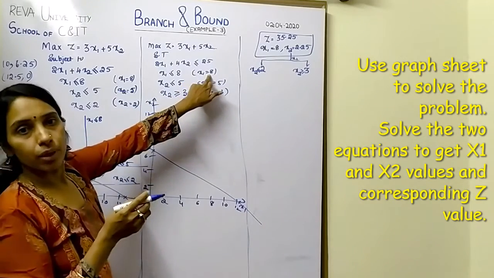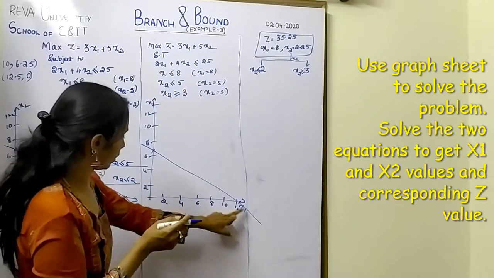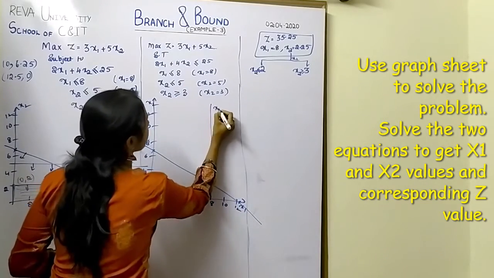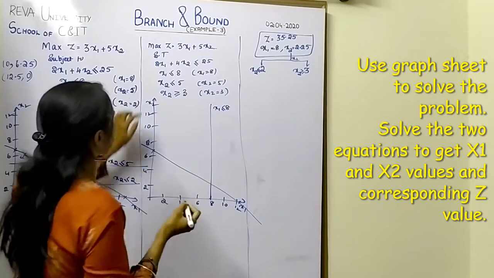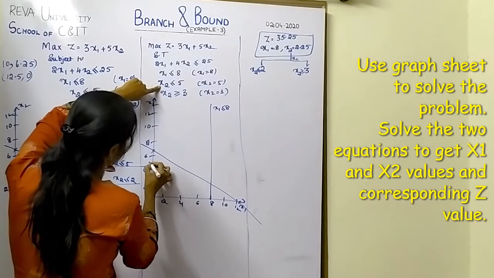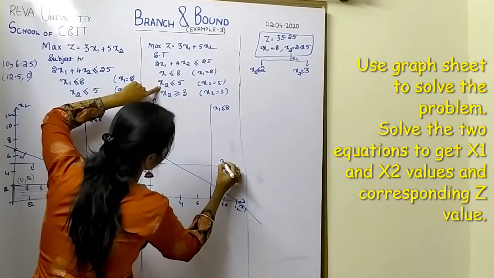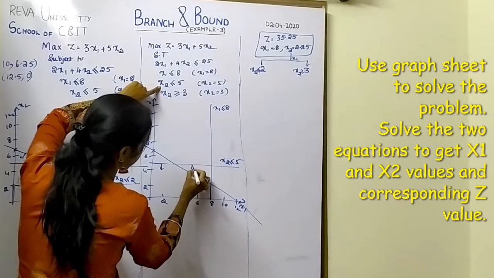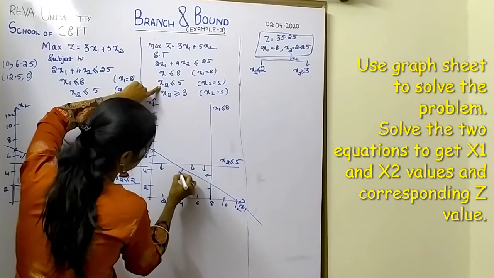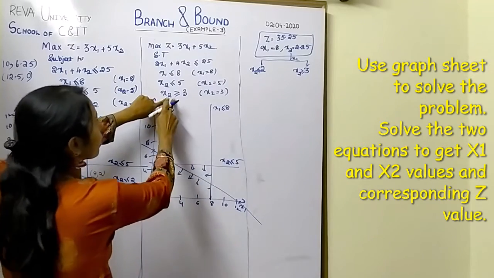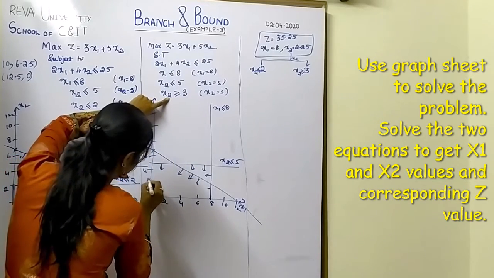Here x1 is equal to 8, so x1 is less than or equal to 8. x2 is this axis equal to 5. So if 5 is somewhere here, x2 is less than or equal to 5. So your feasible region is within this. x2 is greater than or equal to 3. 3 is here.